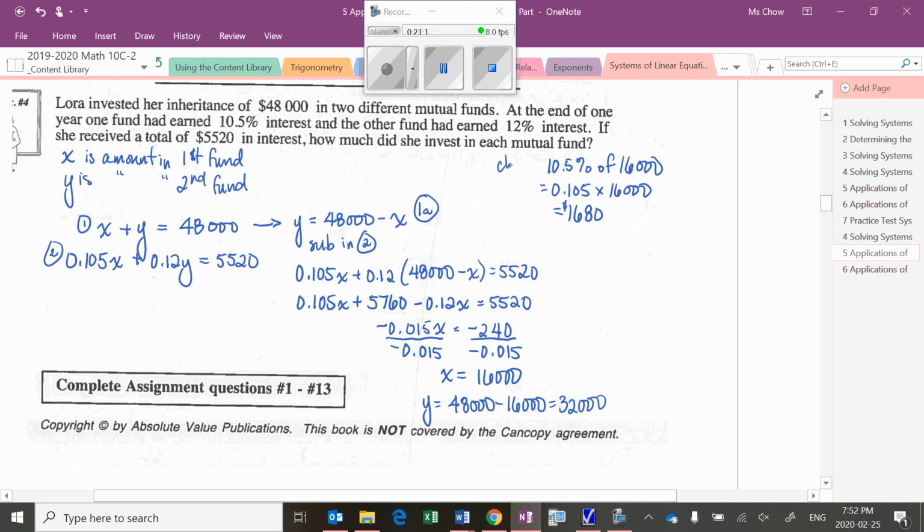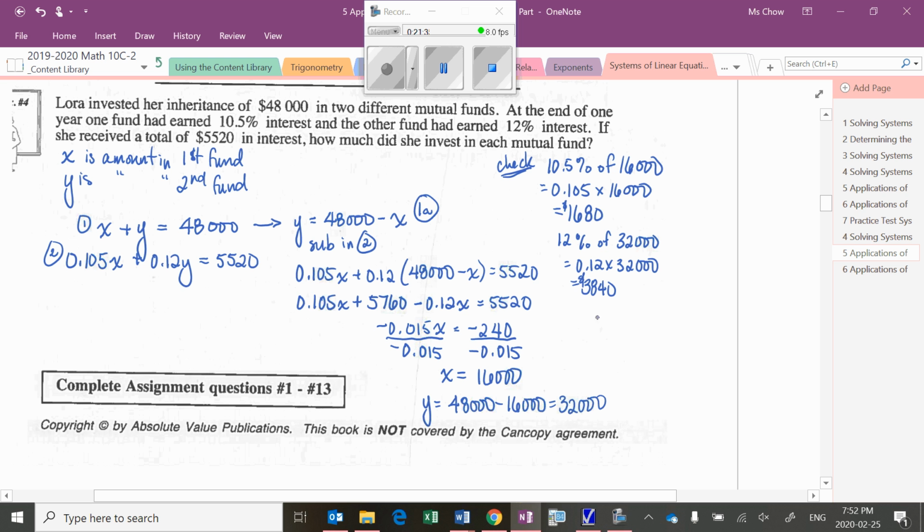And then in our second fund, we are earning 12% of $32,000, and so 0.12 times 32,000 is going to be $3,840.